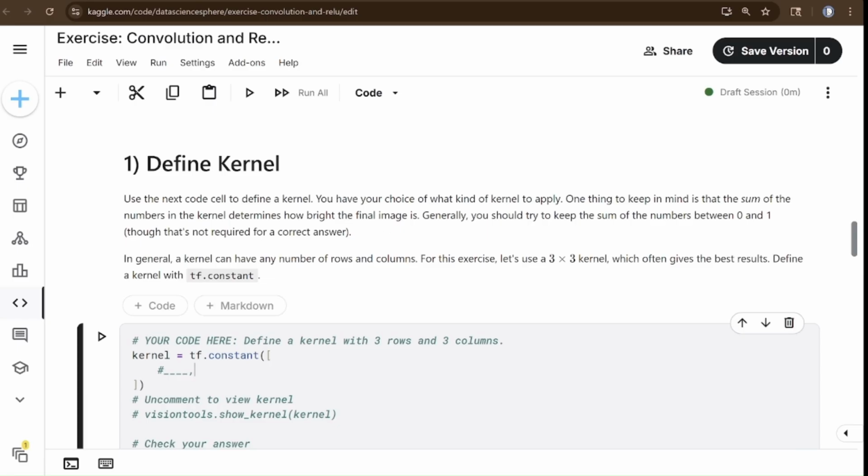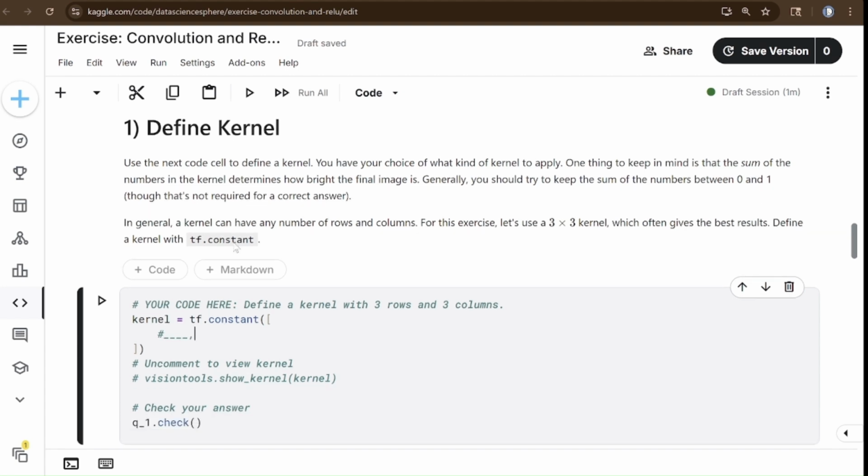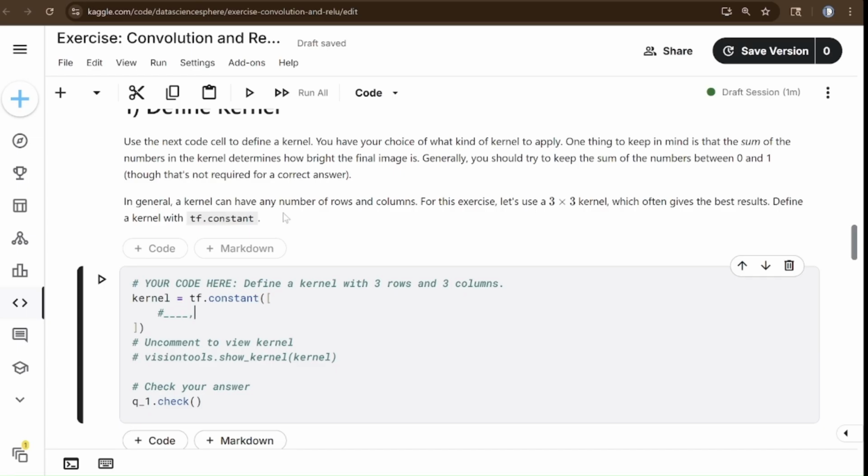Now this is your job. You have your choice of what kind of kernel to apply. One thing to keep in mind is that the sum of the numbers in the kernel determines how bright the final image is. So generally you should try to keep the sum of the numbers between 0 and 1, though that's not required.